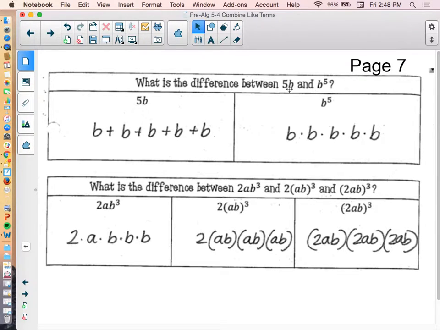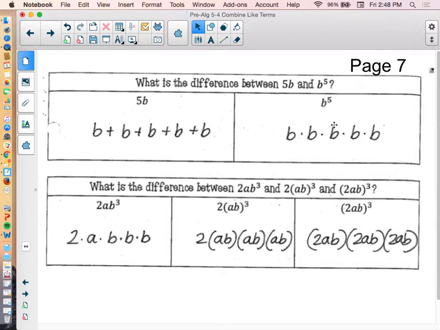And what you'll notice is that those are going to be unlike terms based on what we talked about in class. 5b is really b plus b plus b plus b plus b. It's 5 b's that are added together. If we have b to the 5th, that is b times b times b times b times b.